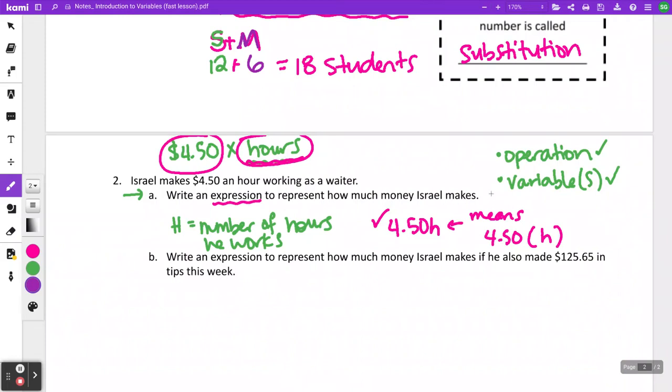So similar to before, I'm giving you a little more information. He doesn't just make money here, he also makes money in tips. So just like we did before, think about what operation we're going to need to use to include those tips in our expression. Go ahead, pause the video now and think about question B.